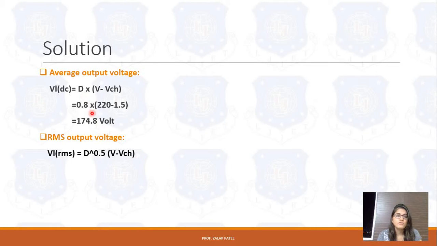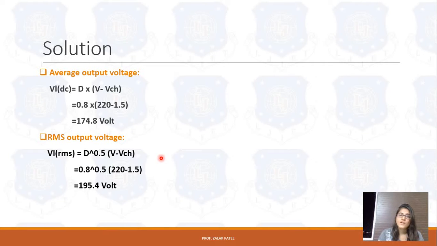We have the values of all the parameters, so simply put them in the equation: 0.8 raised to 0.5 into V minus VCH, where V is the 220 supply voltage and the chopper drop is 1.5. If we put all the values, we get 195.4 volt for VL RMS.